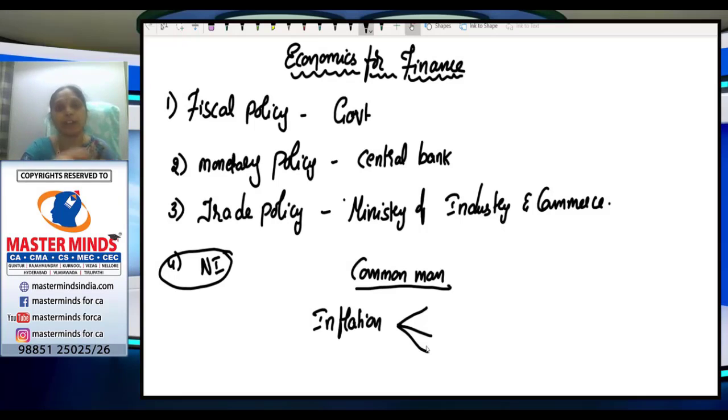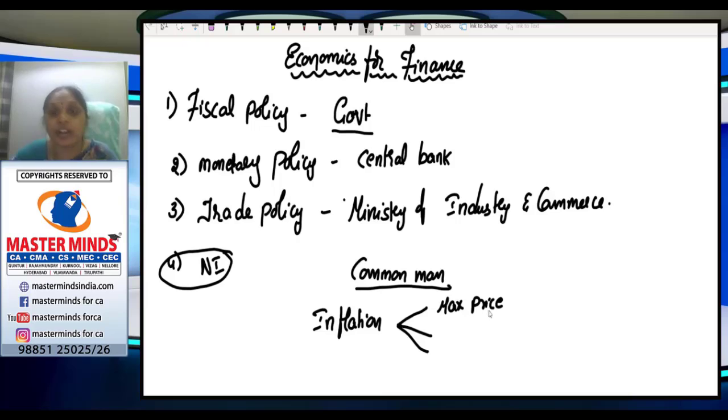If prices continuously increase, the government can fix a maximum price so that no seller should sell above it.